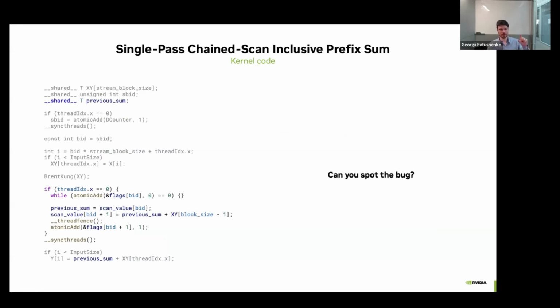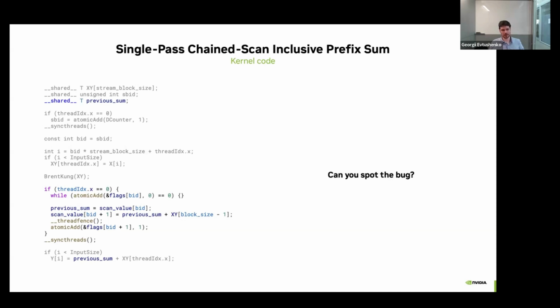So let's focus on the code on the left. The stream part is highlighted. There's actually a bug in that code, so I'll give you a moment to spot it. Okay, there's no memory fence between the atomic add and the volatile read of the scan value.